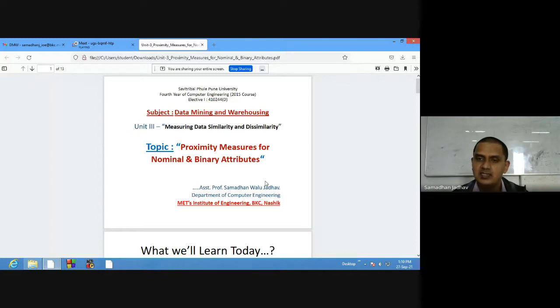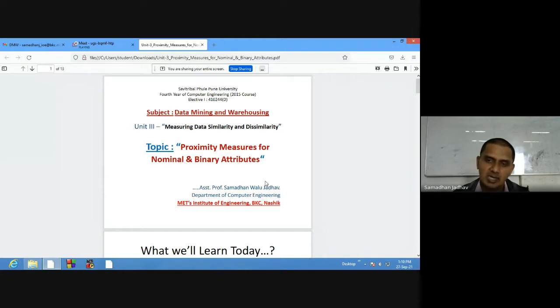So 100% dissimilarity is equal to 0% similarity. If two objects are 100% dissimilar, then they are 0% similar. And if two objects are 100% similar, then they are 0% dissimilar. So 1 minus similarity will give you the amount of dissimilarity, and 1 minus dissimilarity will give you the amount of similarity.